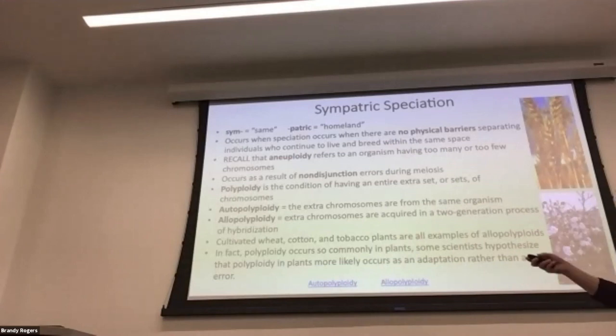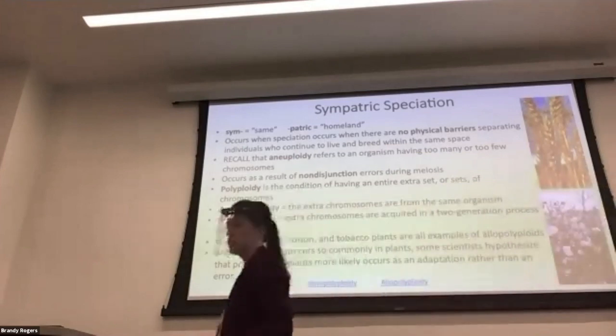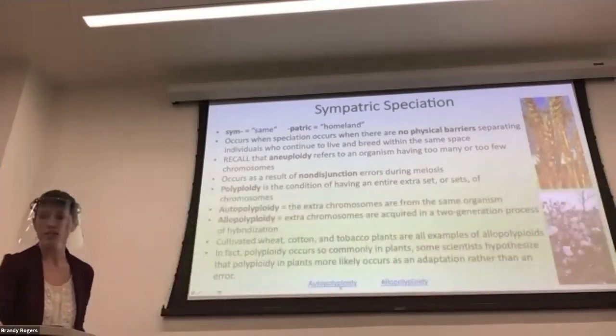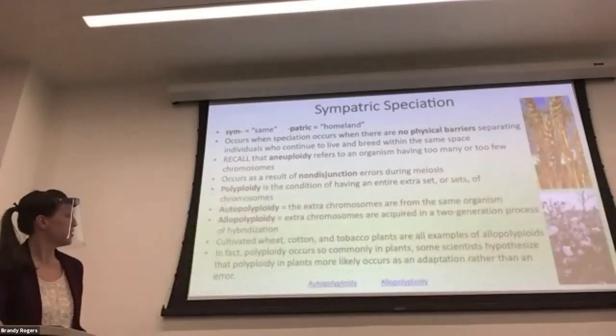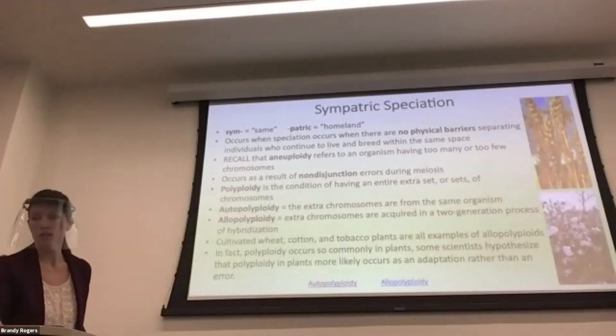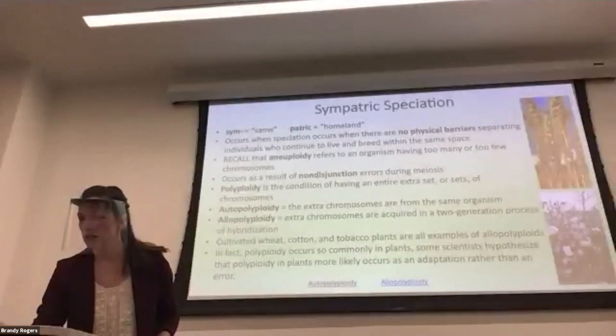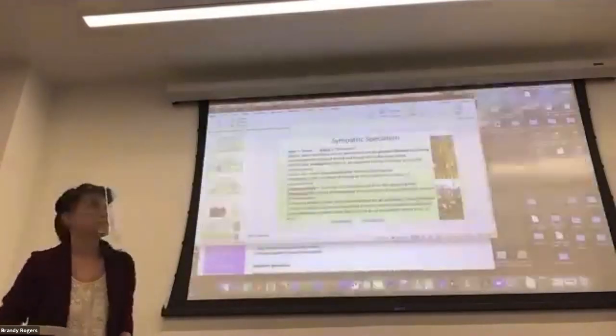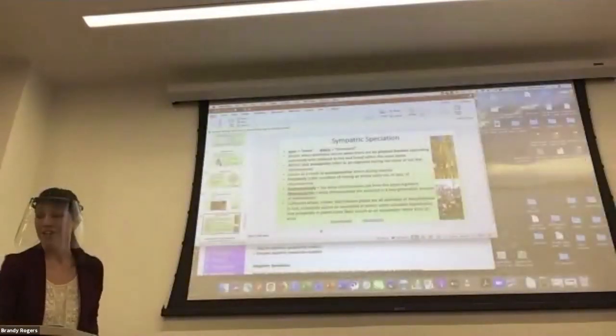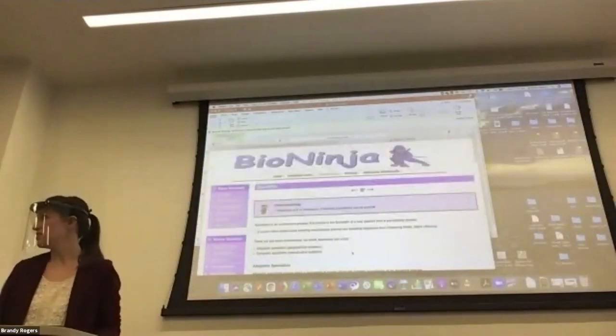So you can sort of imagine, or we can look at this external link together. I've got a link to BioNinja for both of these. It's actually pretty helpful. Let's look at this example together. This is going to be helpful on your study guide. Have you guys been looking at the study guides?